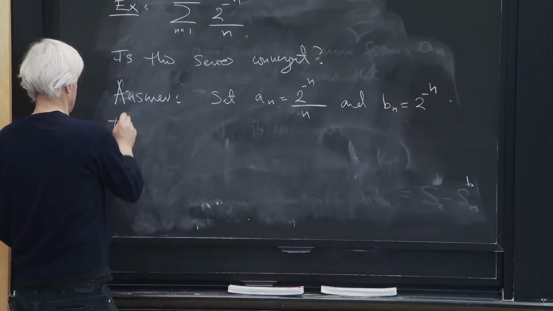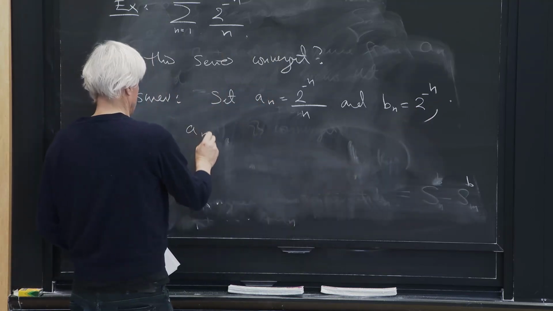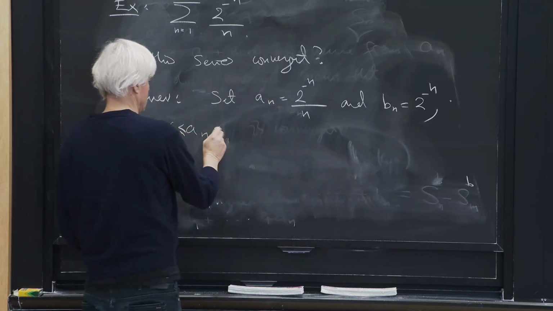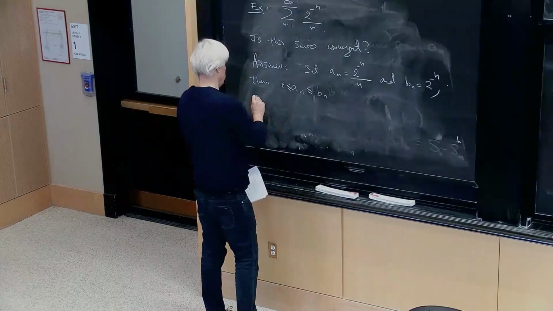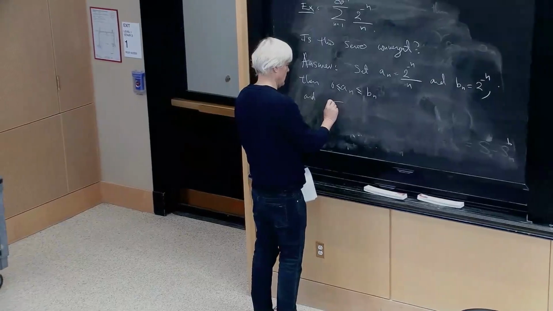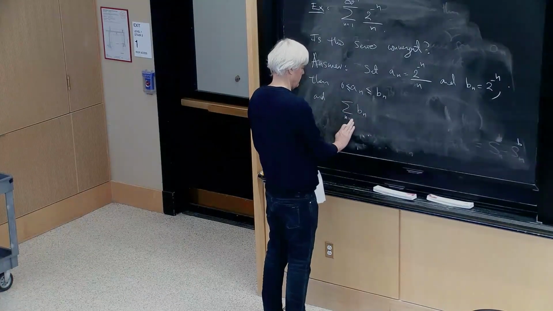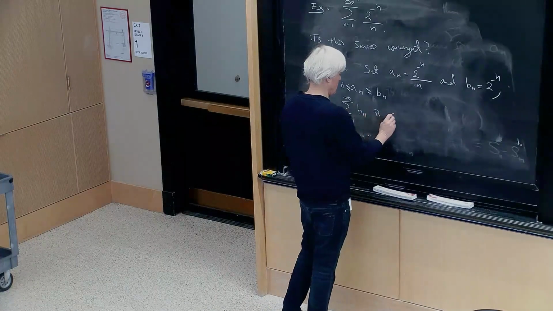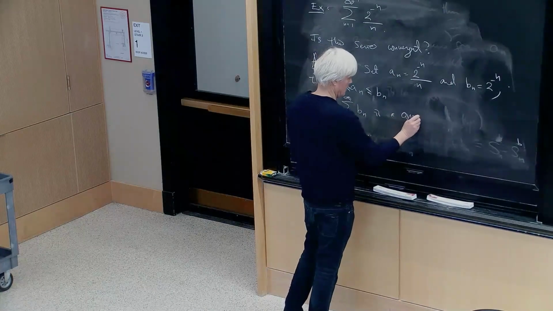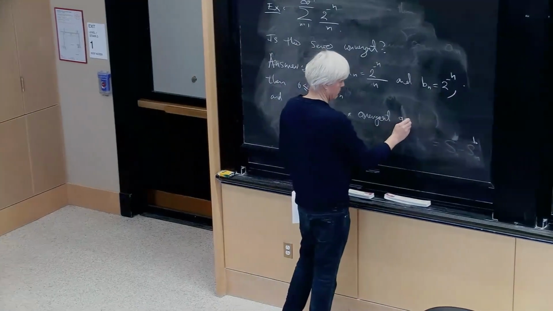Then you have that An is bigger or equal to 0, is smaller than Bn, and the series based on the Bn is a convergent geometric series.